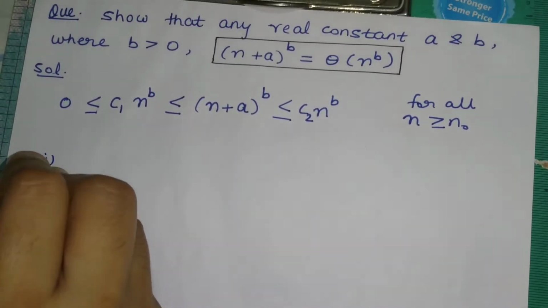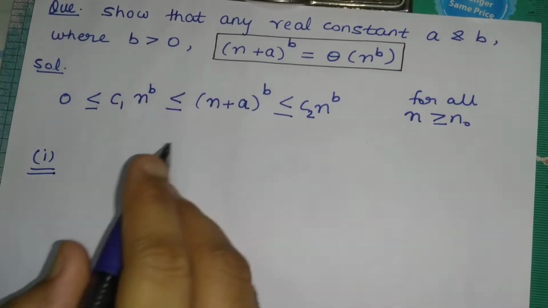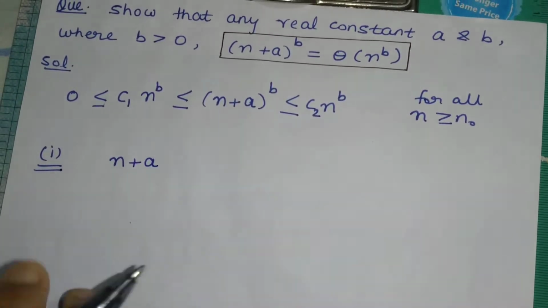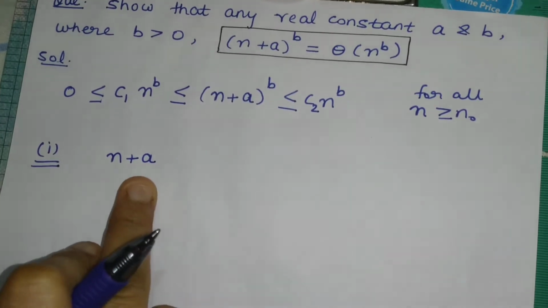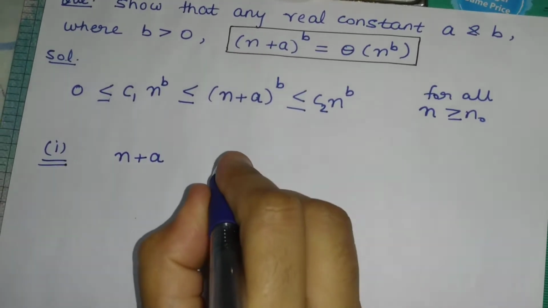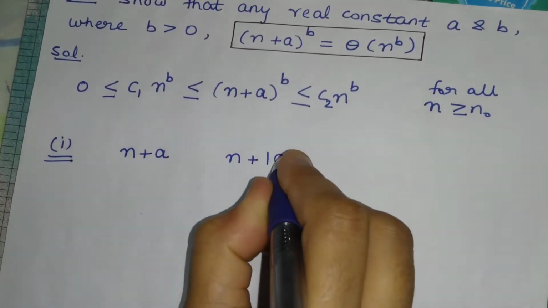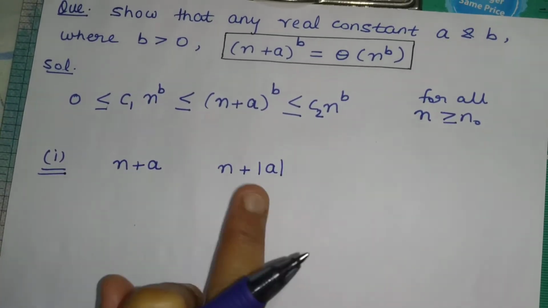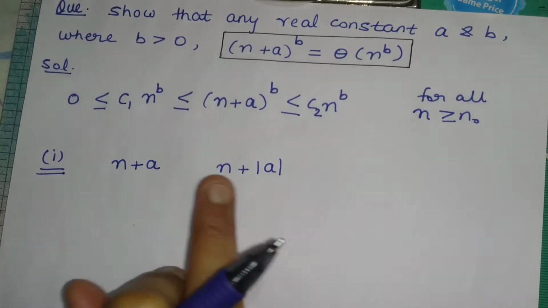Let us take the first condition, f(n) is n + a. Now this n + a, we can also bound by n + |a|. Which of these two terms is greater?